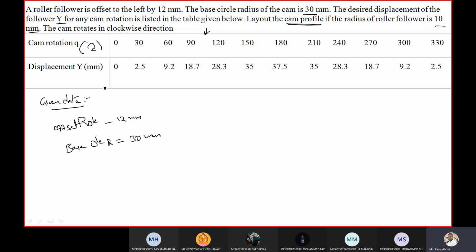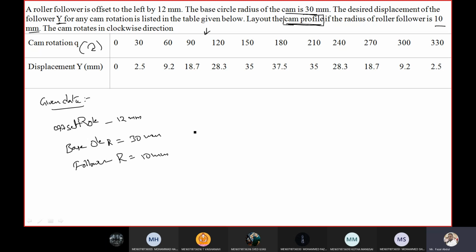The displacement values are given in the table, and we are asked to draw only the cam profile. The question itself mentions to lay out the cam profile. And the roller follower radius is given as 10 mm.